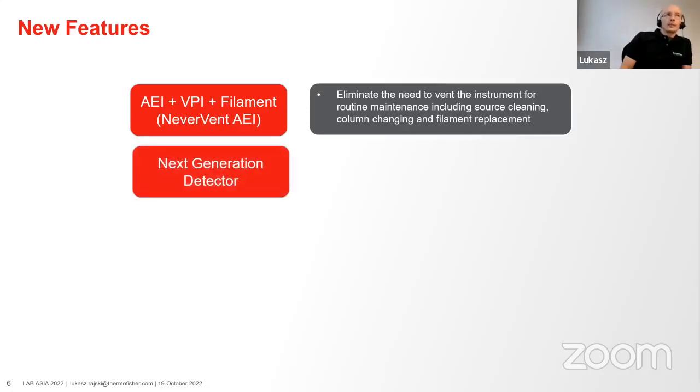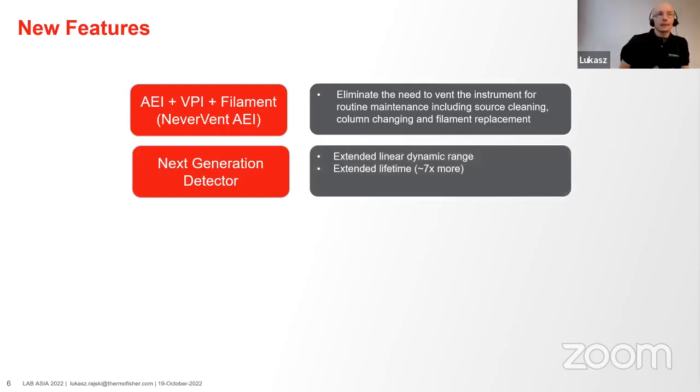Also on the hardware side, we have a new generation detector. We call this detector XLXR. It means extended life, extended range. And the name tells you everything. This new detector has a broader linear dynamic range and also extended lifetime.